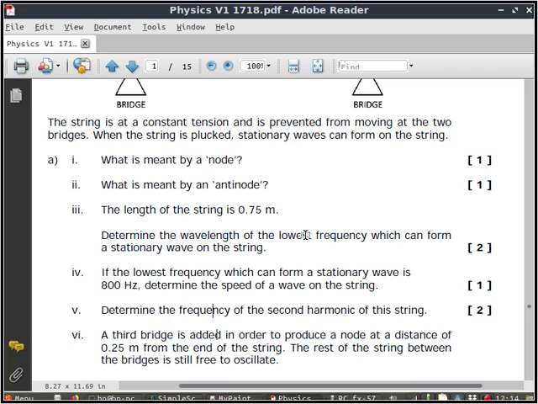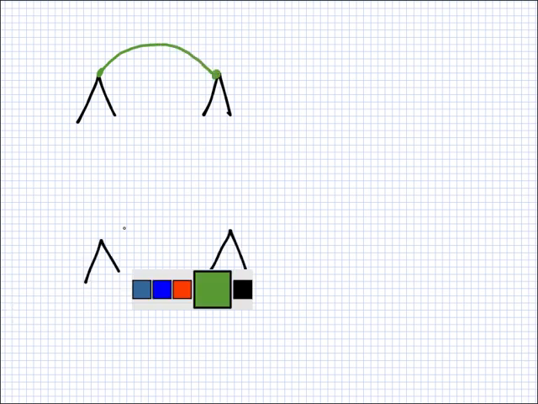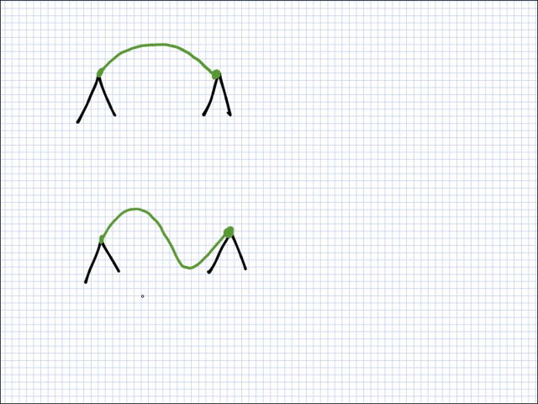All right, let's have a look now. What's the frequency of the second harmonic? Okay, it's a little bit harder. So, here is the first harmonic. And then here is the second harmonic. Like that.